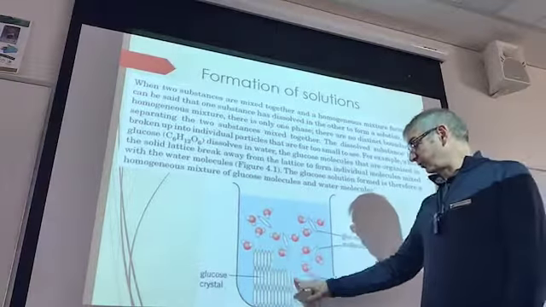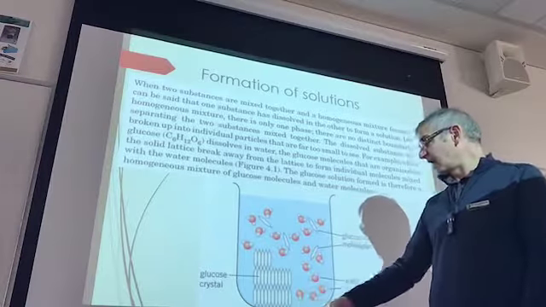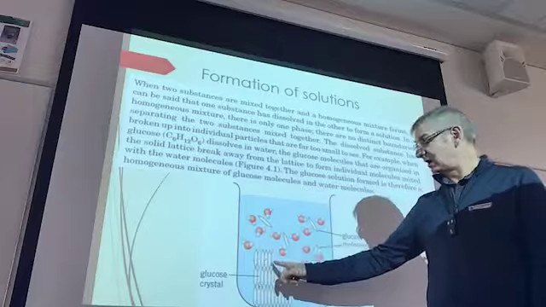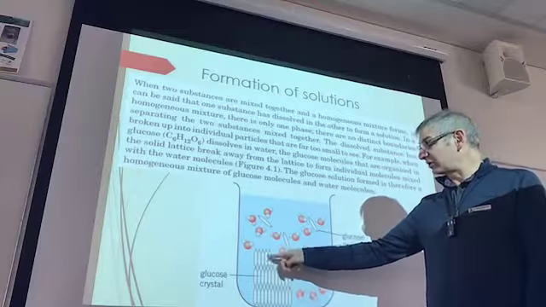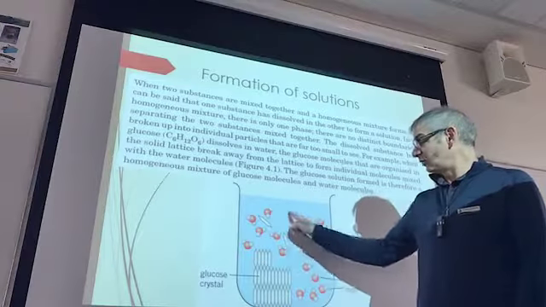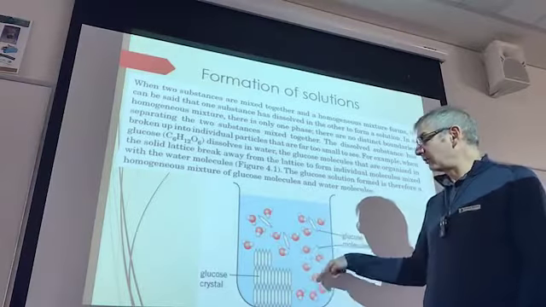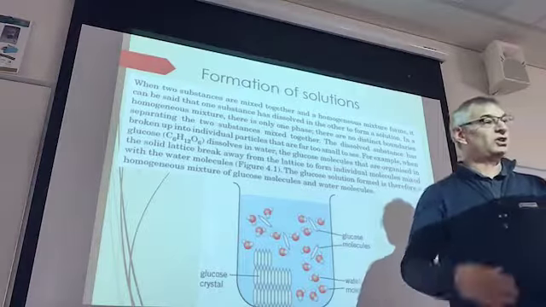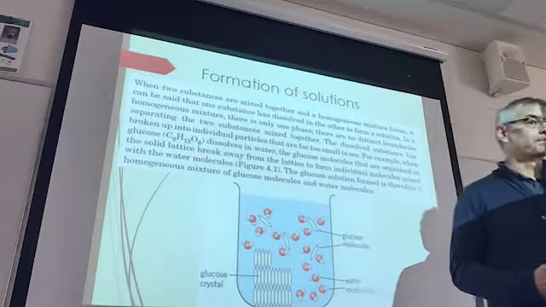We've got a glucose crystal in its crystal lattice, and the water is going in and breaking the bonds between the glucose crystal lattice, and the glucose crystal lattice is breaking the bonds between the water molecules, and we're separating it all out so that we end up with glucose molecules and water molecules homogeneously mixed through the solution.